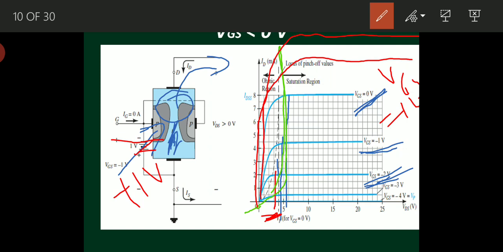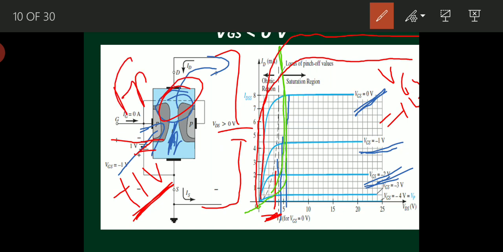Why? Because if I apply positive voltage here at gate, what will happen? Here the p-type semiconductor substrate is given to positive terminal of battery. So only VDS is now going to reverse bias this channel at drain, and VGS is now forward biasing it. So both will compensate.